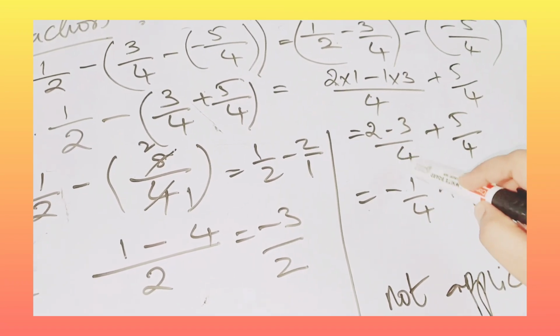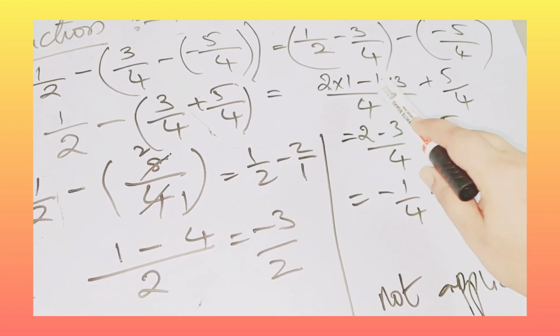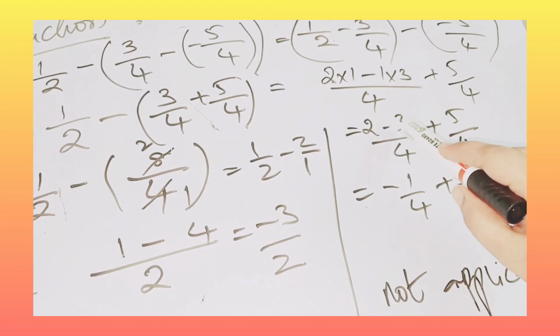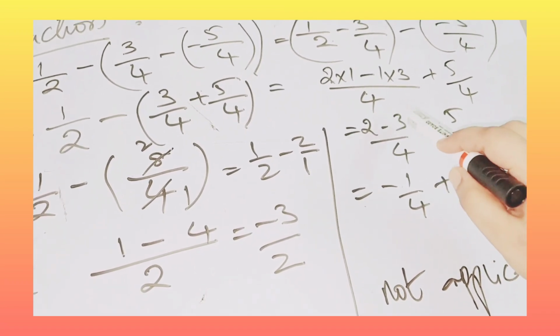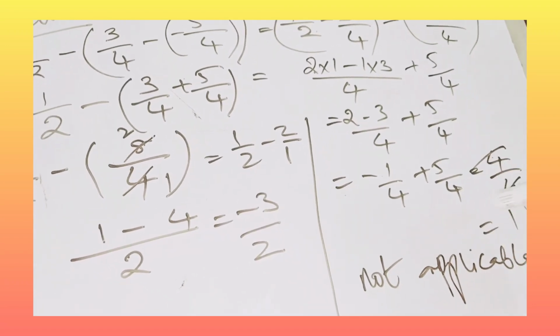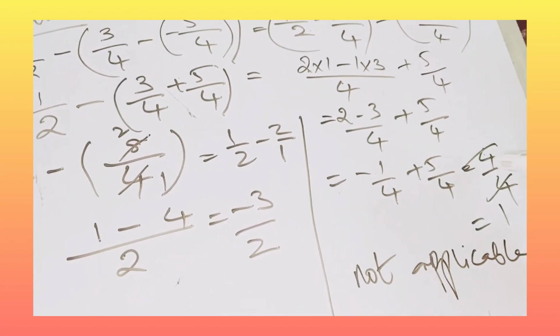Now 4. Okay, denominator is 4 here, 2 ones are 2 minus 1 3s are 3 plus 5 by 4. Okay, 2 minus 3 is minus 1 by 4. Minus number is bigger here now, plus 5 by 4. Now here denominator is same again, you can write 4 here. 5 minus 1 is again 4.